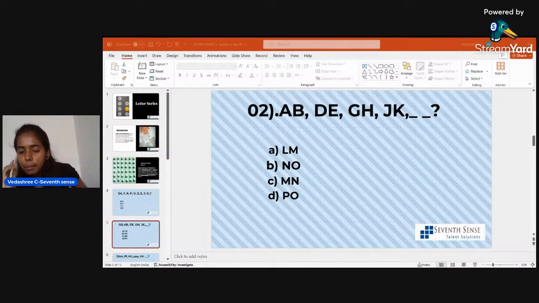How M, N? What is the logic behind this? How is it M, N? So we are just adding plus 2 and plus 2 for both letters, right?